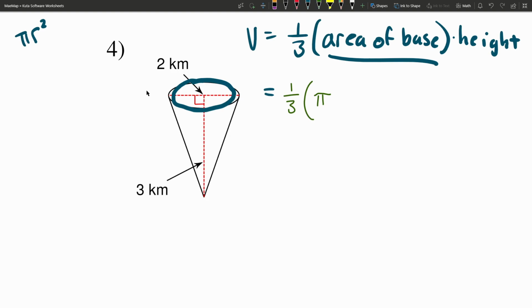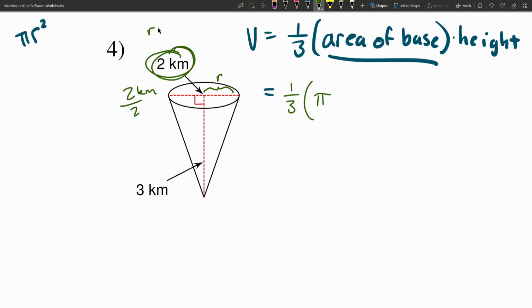R, remember, is the radius, and here it gives us the diameter because we're going all the way across. The radius, r, is half of that diameter. So if the full diameter is 2 kilometers, we want half of that. So 2 kilometers divided by 2, cutting our diameter in half to get our radius, is going to be 1.